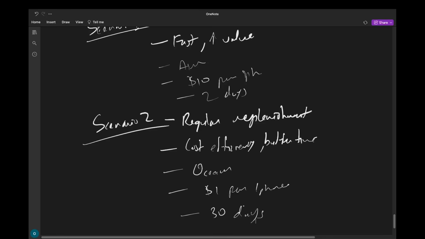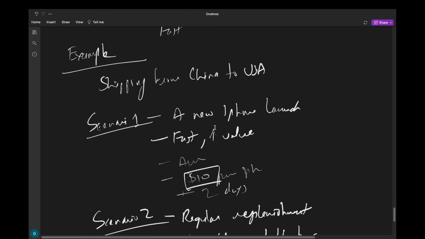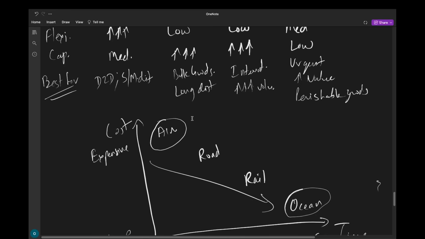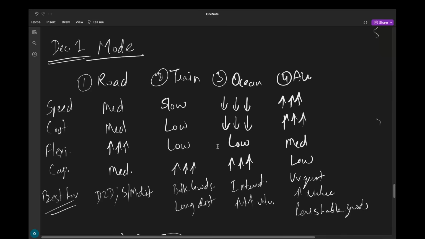So we have the same product, iPhone, but different decisions based on context. When we need very fast delivery because of the launch of iPhone, we selected air, otherwise we selected ocean, and the cost may be huge. Here maybe $1 or less, here $10 or more. So that's the first decision factor, that is mode.